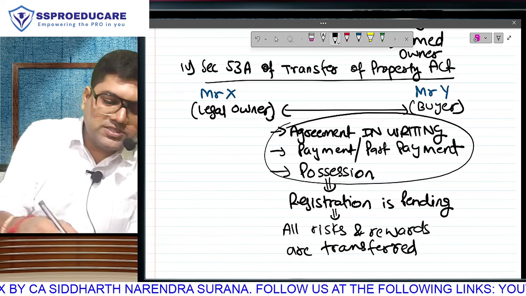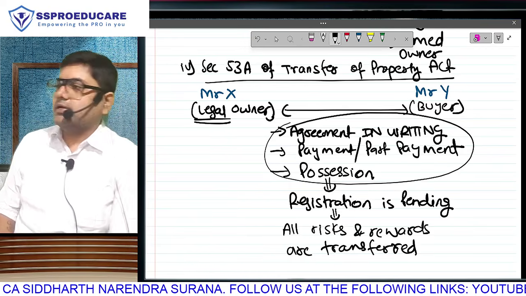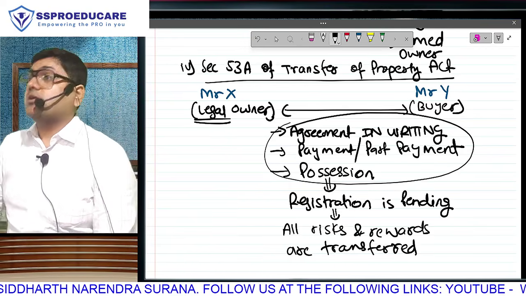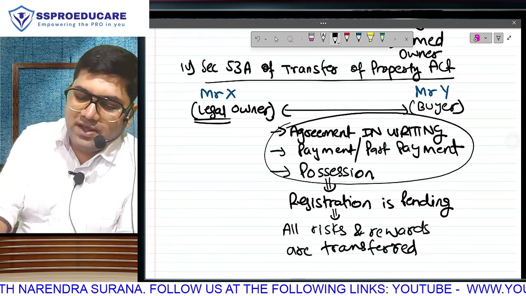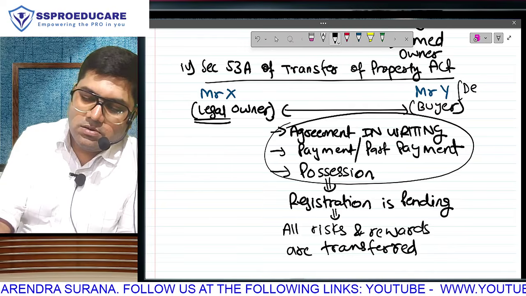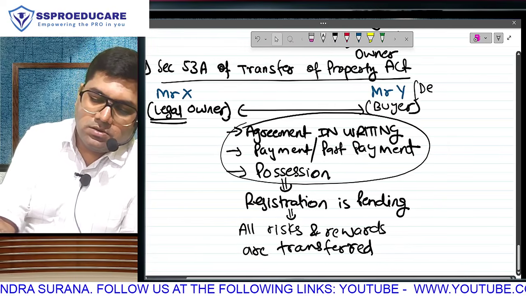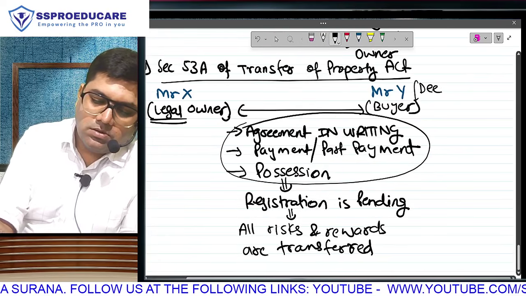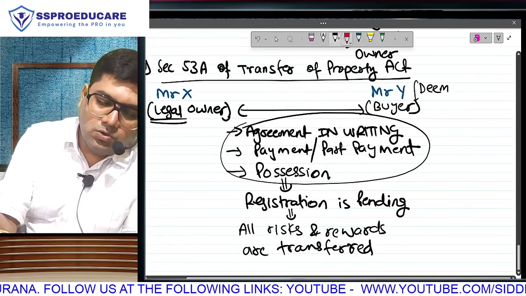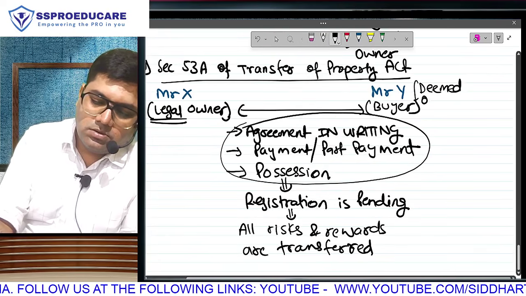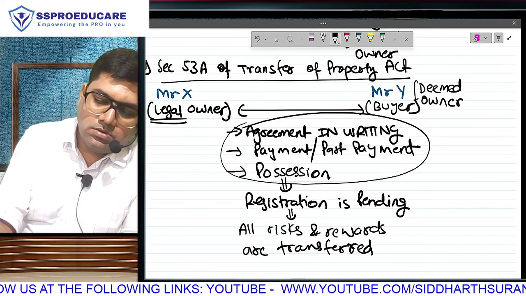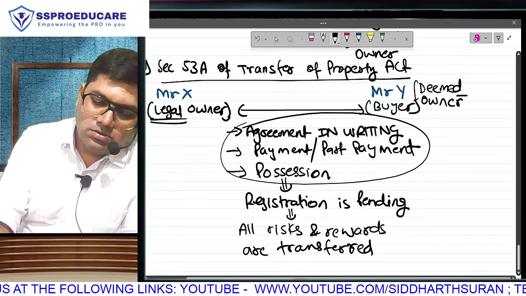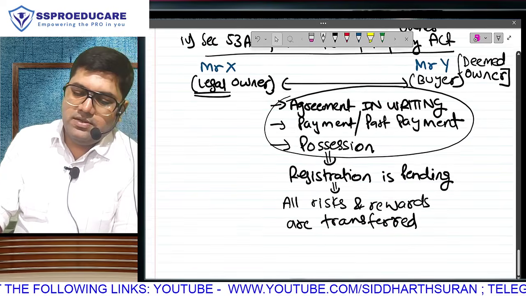On paper, who is still the legal owner? Mr. X. But as per the Transfer of Property Act, and income tax is only borrowing it from there, Mr. Y will be deemed to be the owner here.